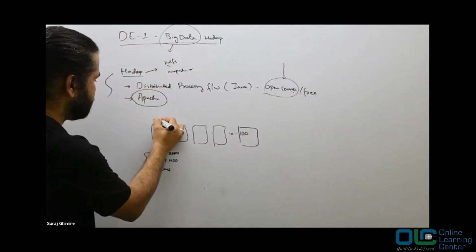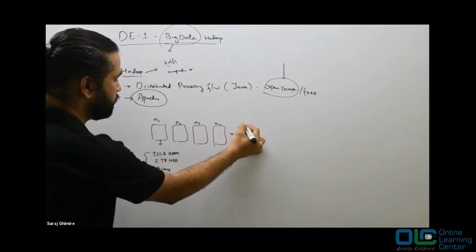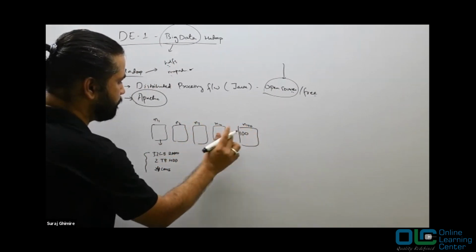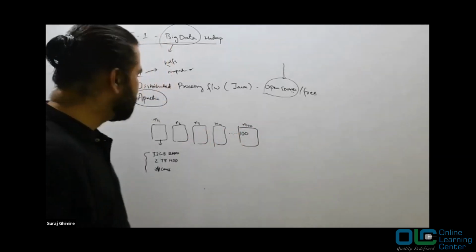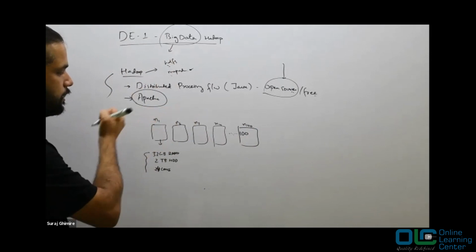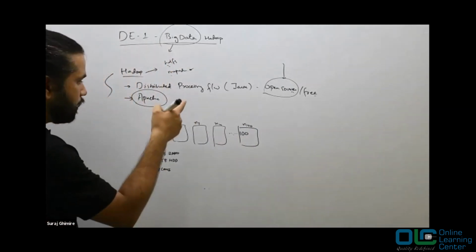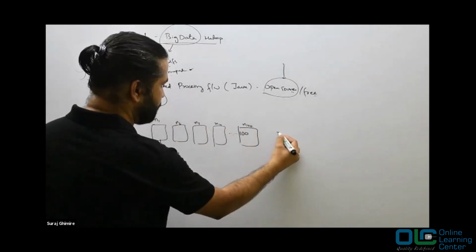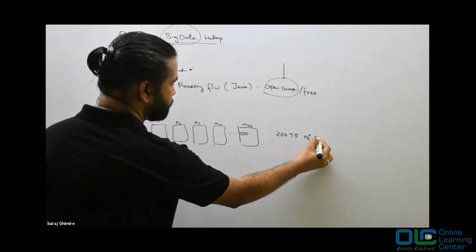So let me say N1, N2, N3, N4, N100. Let's understand what is the total capacity of this cluster. We have 100 nodes, so we have 200 terabytes of storage.